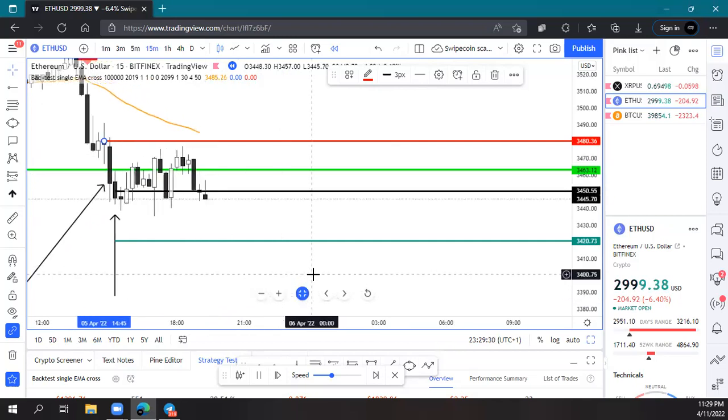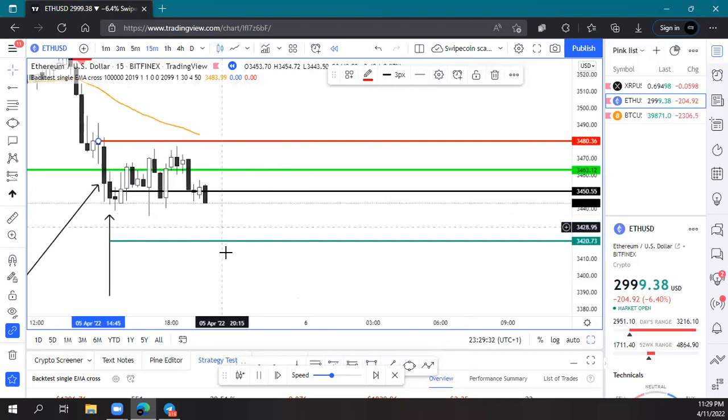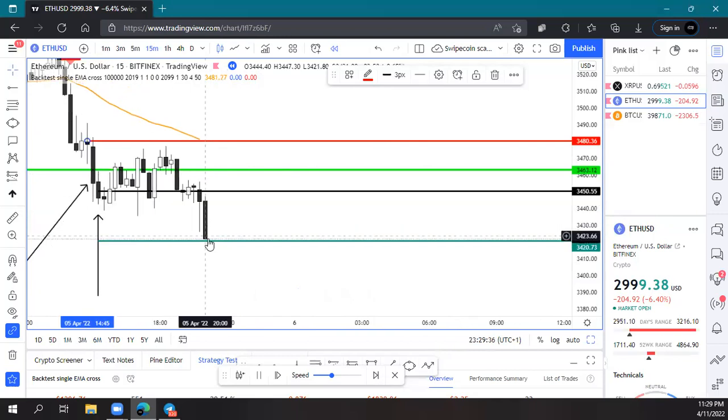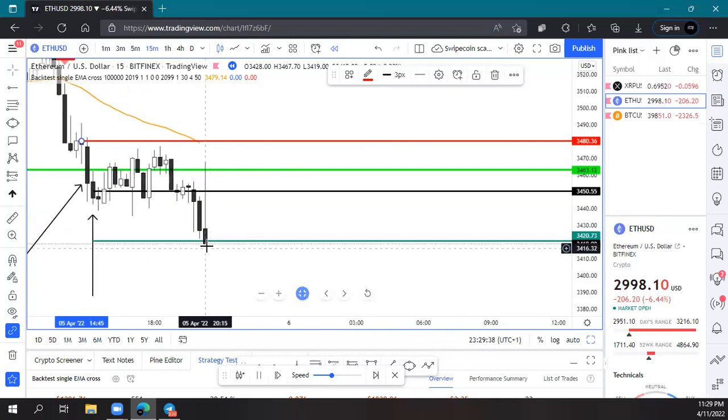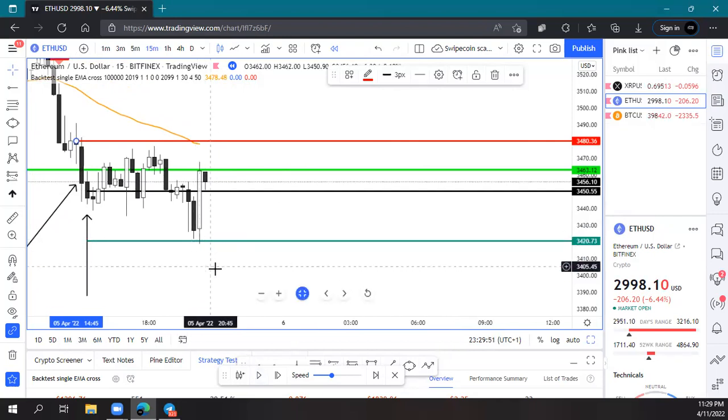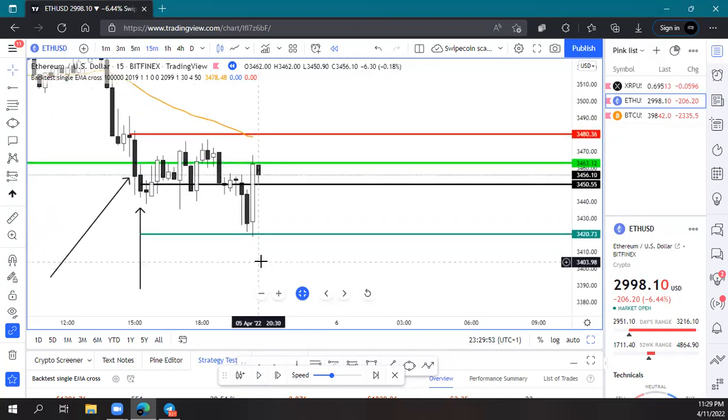Okay, so this is basically it, right? So you almost got to our TP and boom, TP hits, right? TP hits here. This is where the TP hits, right? So you actually see that your trade would have hit TP1.